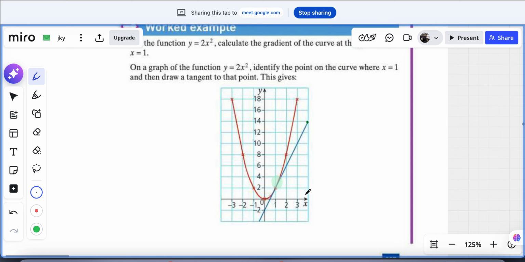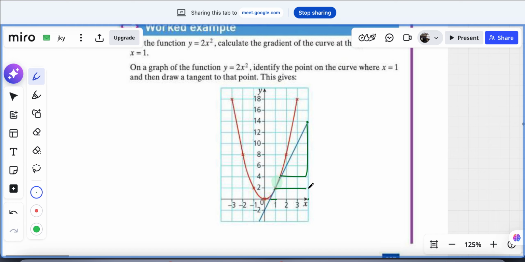So if you want to calculate this gradient now, let's say we want to use the top point here, which is 14 for the y-axis, and the x-axis is 4 here. If you trace it down, you can use this as a triangle. You can draw the triangle, or you can draw it up to this place, it's up to you, and calculate the gradient.